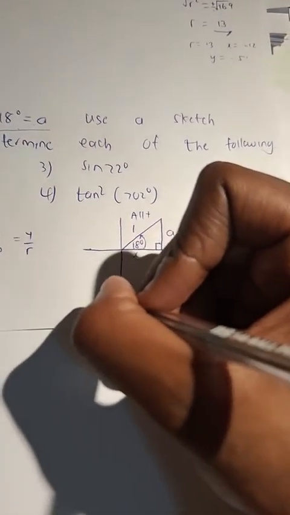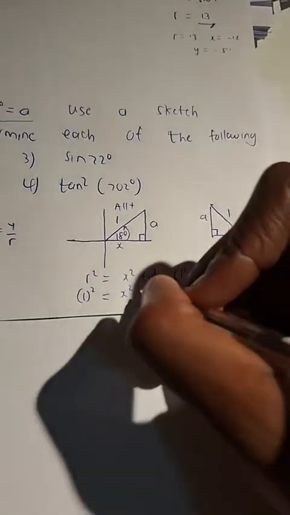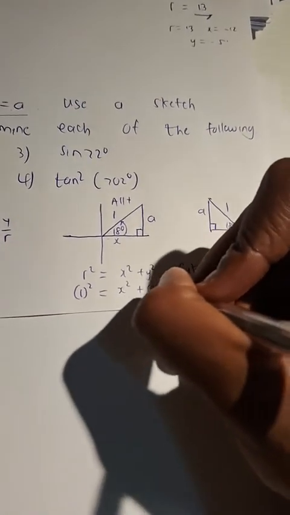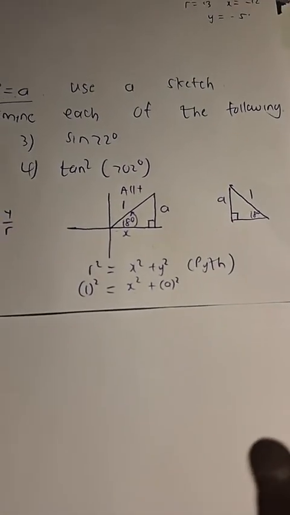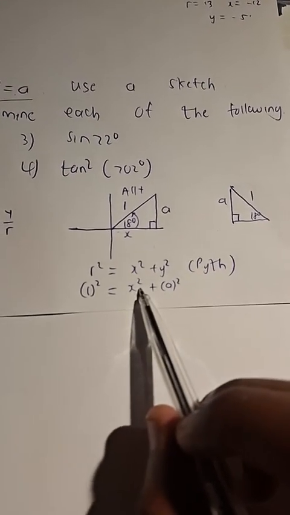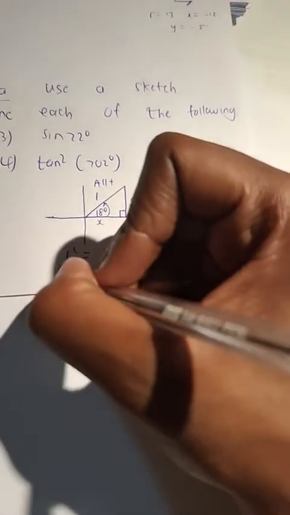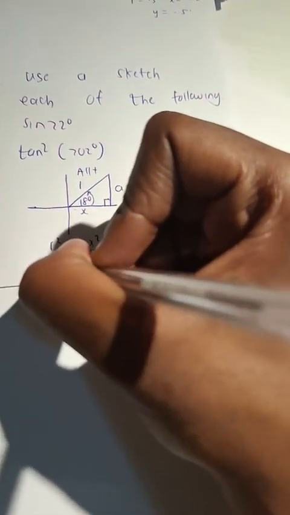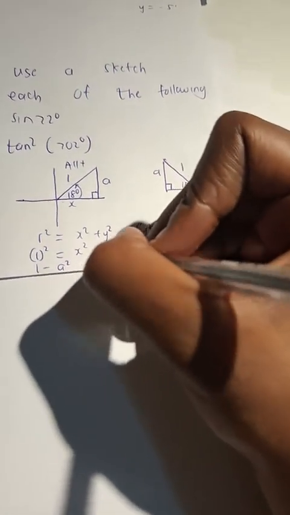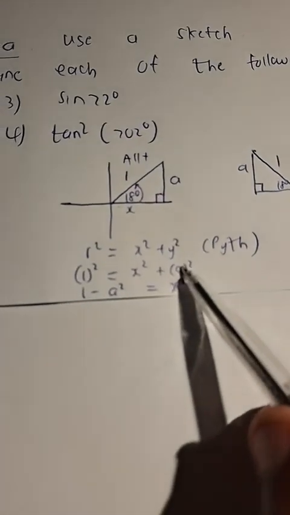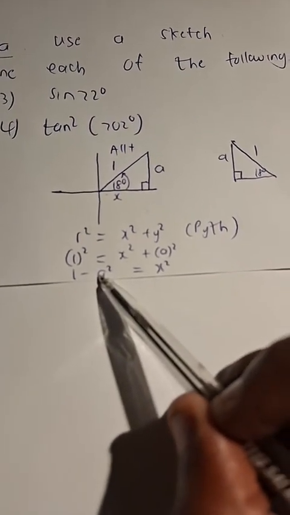R squared, that's 1 squared. The y is our a squared. Then we need to make x squared the subject of the formula. So that means we transpose a squared, so we're going to have 1 minus a squared, which is equal to x squared. Do you see, once we took the a squared over, it becomes minus a squared.